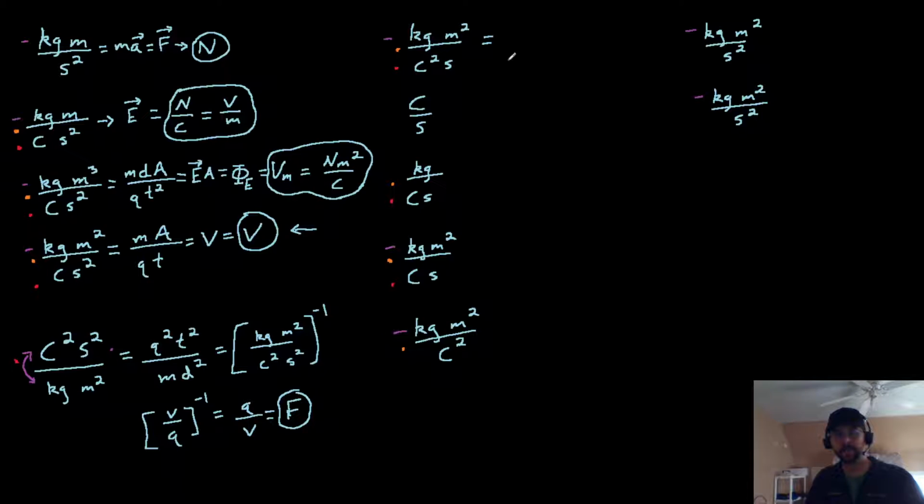And this one, we're going to have this kilograms times meters squared per coulomb squared, but this one's per second and this one's not. Let's come back to that. So this one's ohms.